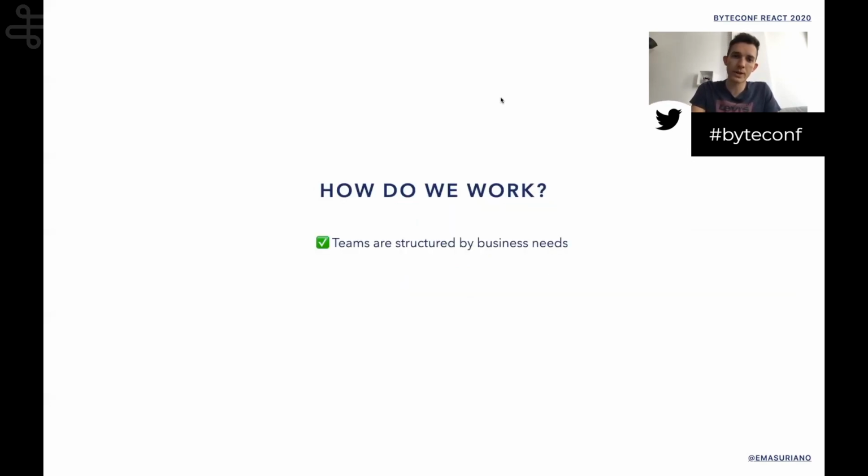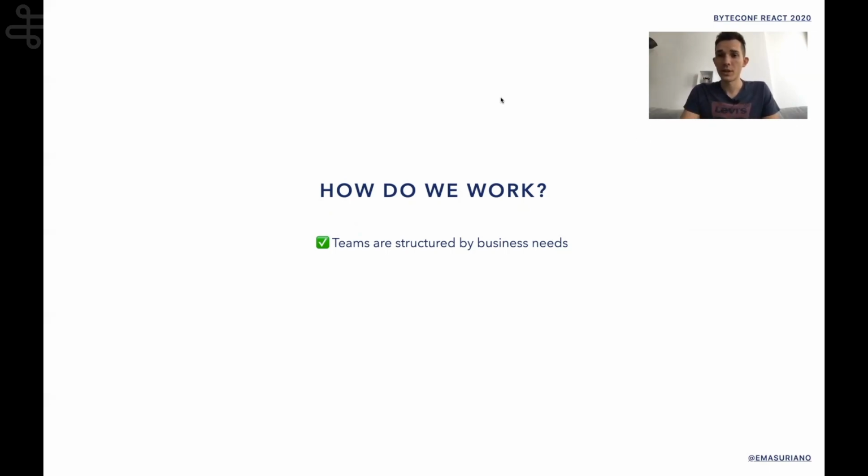So the whole company is structured by business needs. What I mean by this is, inside the application, let's say search, which is one of the main parts inside the flow. It's where the user will go to say, okay, I'm going to travel from France to Germany, obviously some cities inside.